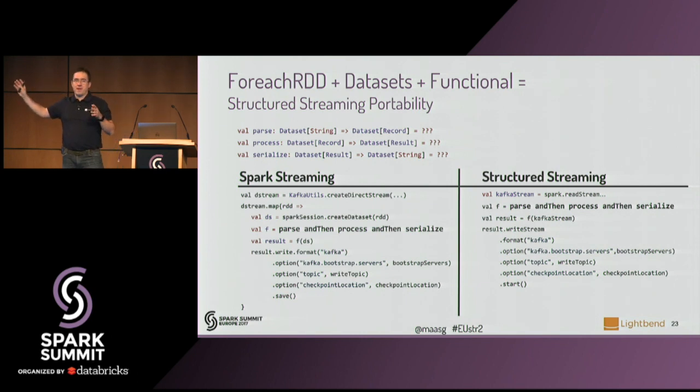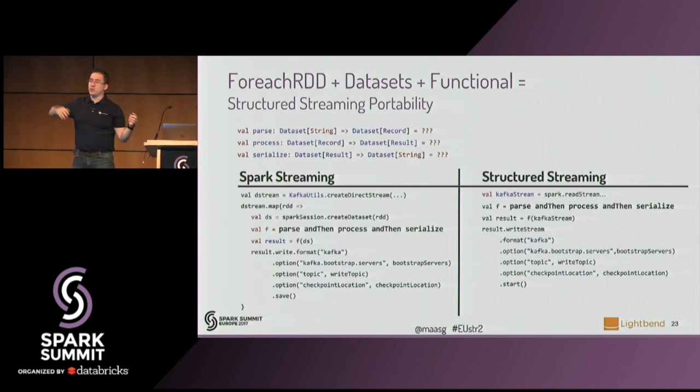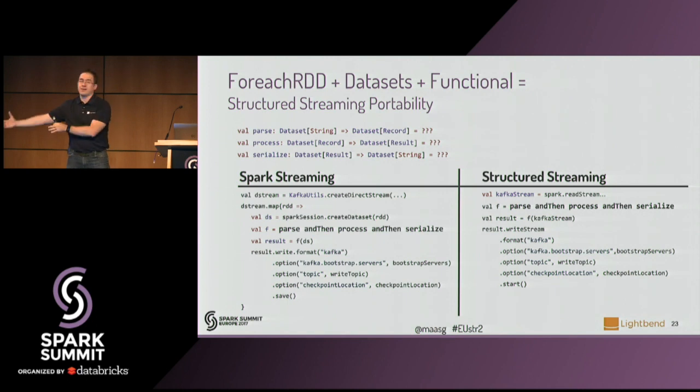This is a pretty neat technique of having that portability between Spark streaming and structured streaming at the level of datasets. So again, we're playing here with duality of function and data. And we're defining our model or operations at each step of our pipeline as being a transformation from one dataset of a type into another dataset of a different type.